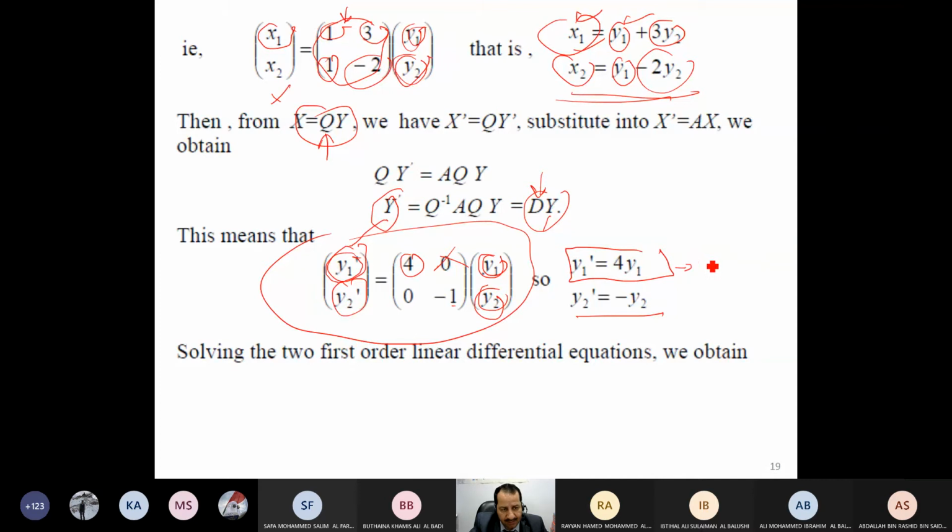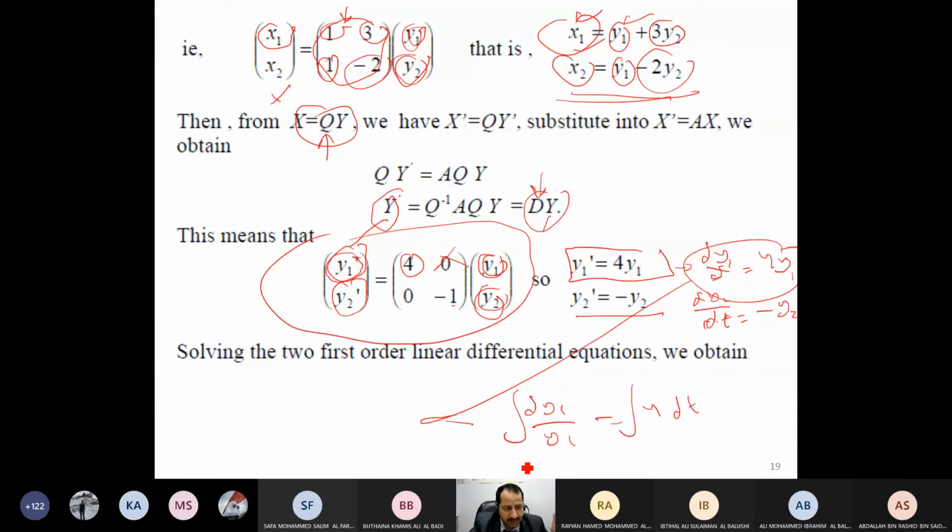And this can be written simply as dy1 over dt equals 4 y1, and this one dy2 over dt equals minus y2. The first one I can solve easily because dy1 over y1, I will take it down, equals 4 dt.